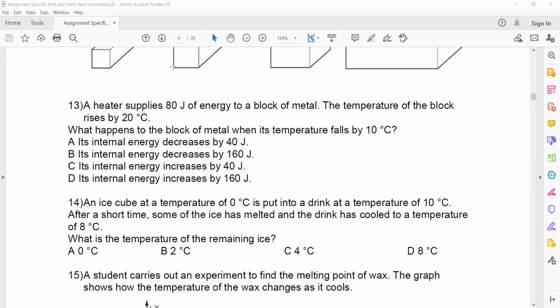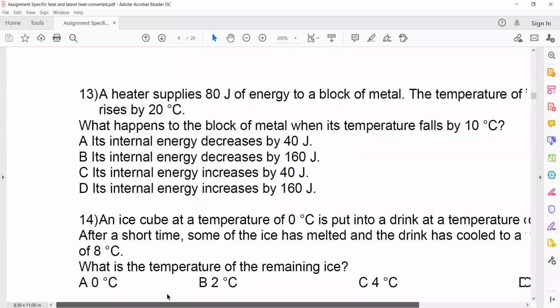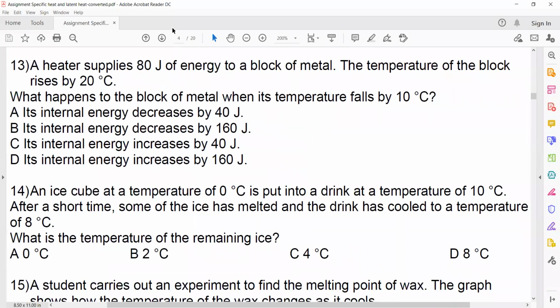Question 13. A heater supplies 80 joules to a block of metal. The temperature of the block rises by 20 degrees. What happens to the block of metal when its temperature falls by 10 degrees? So 80 joules is causing a 20-degree change in temperature.